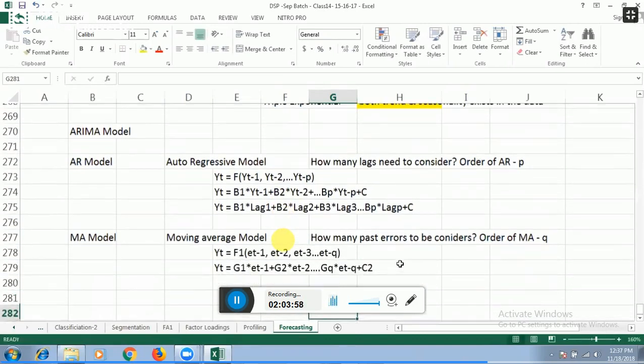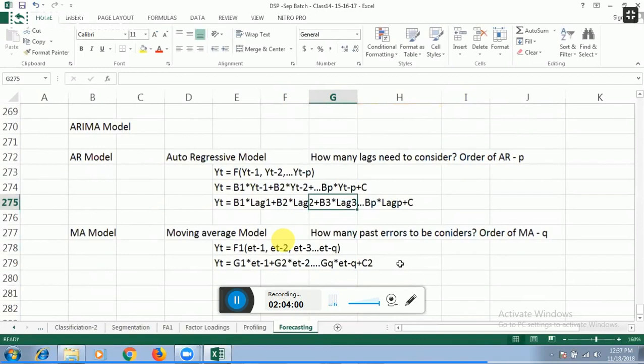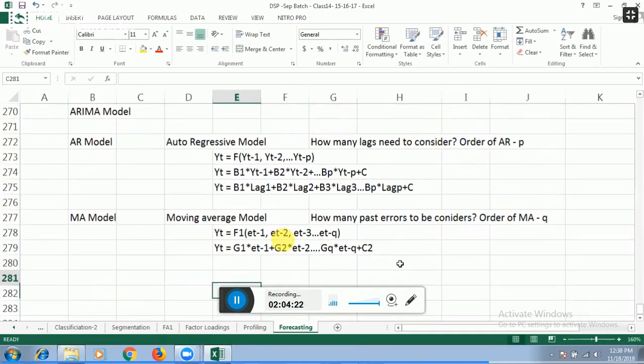So basically, the data can be a function of past values, or a function of past errors, or a function of a combination of past errors and past values. That is the scenario which comes under the ARMA model. What is that ARMA model?